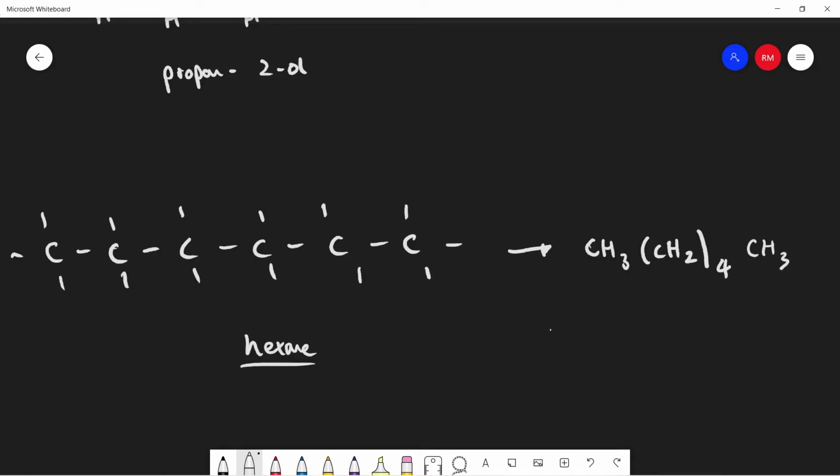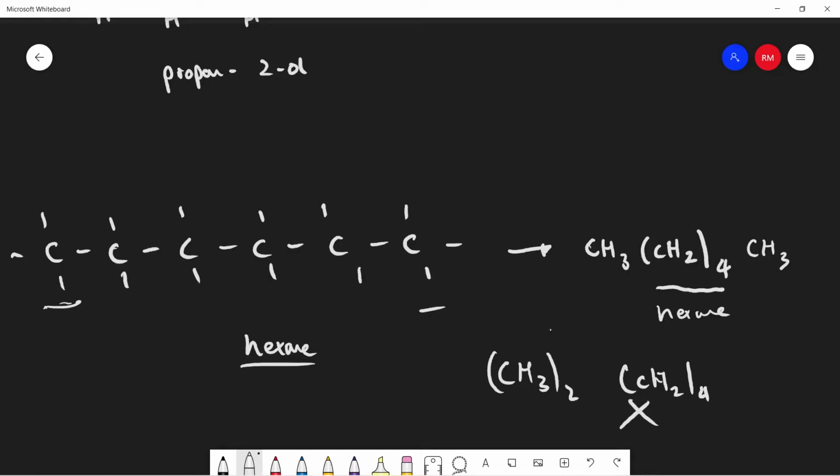We can just write it like this. Now it's hexane. Bearing in mind they have to be next to each other like this. You can't have CH3 2 and then the CH2 4. It doesn't work like that.